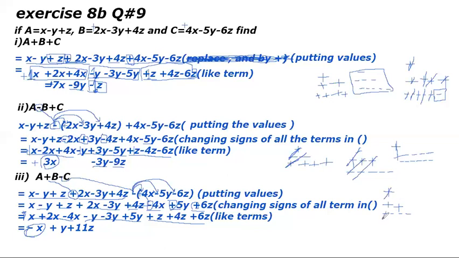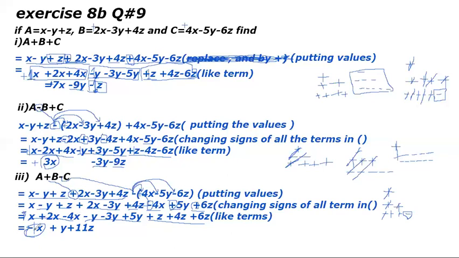Cancel one positive sign with one negative sign and you can see only one negative sign is left over. So negative x, or we can write negative 1x. Negative sign is left over. That's why we will mention here negative x. We are solving the term x.